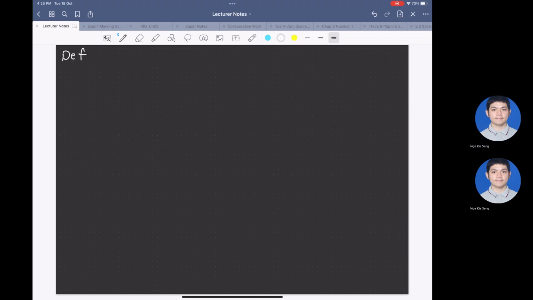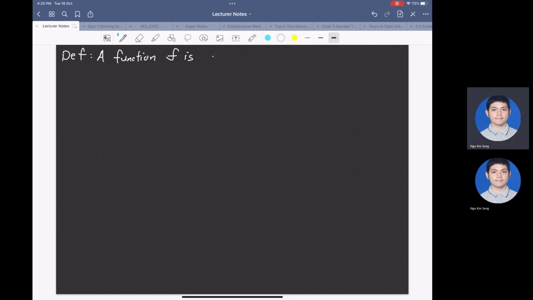Okay, next. Then we have two key properties that a function can hold. So first is one to one. Okay.